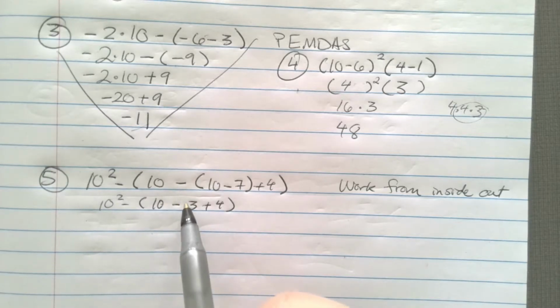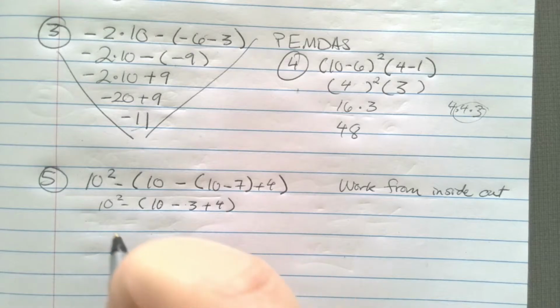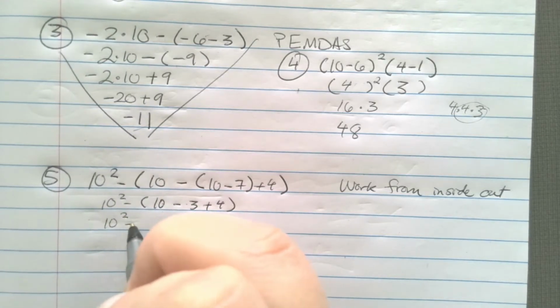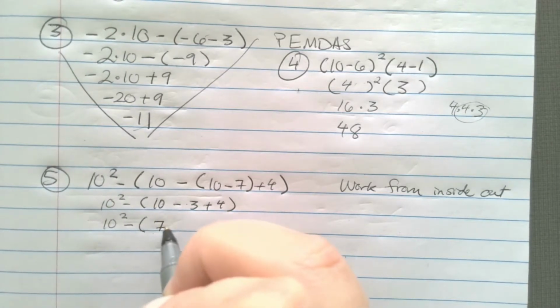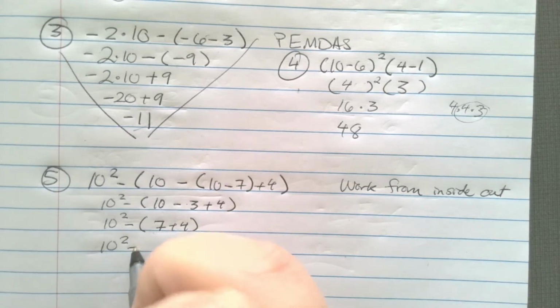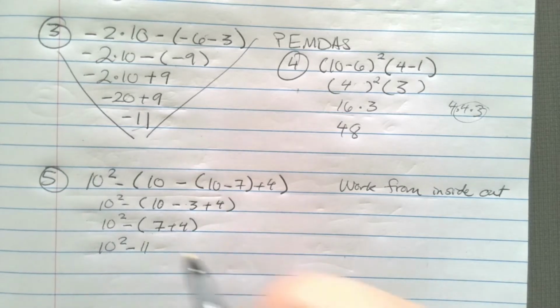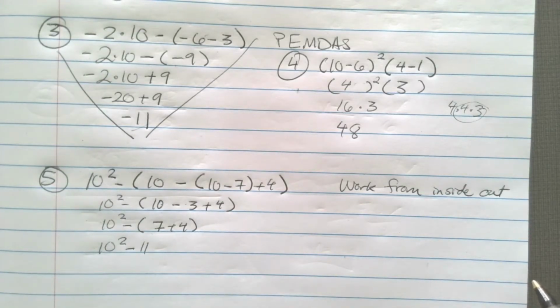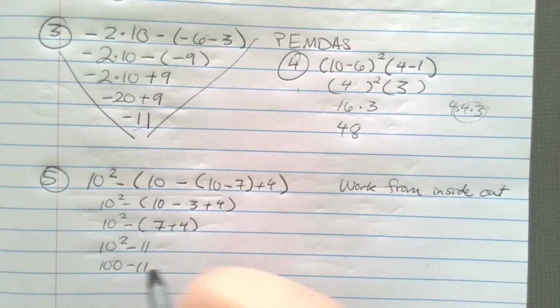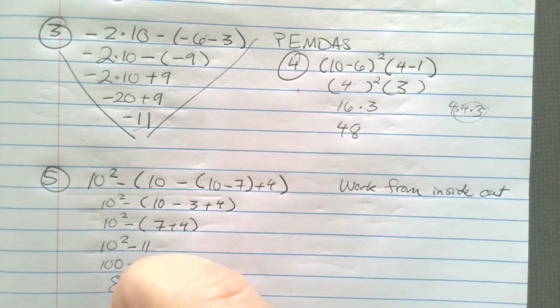What's 10 take away 3? What's 7 plus 4? What's 10 squared? Please don't say 20. Thank you. What's 100 take away 11? And you're done.